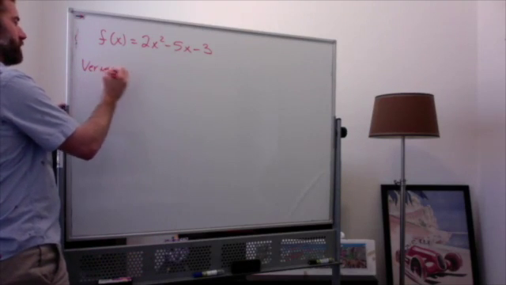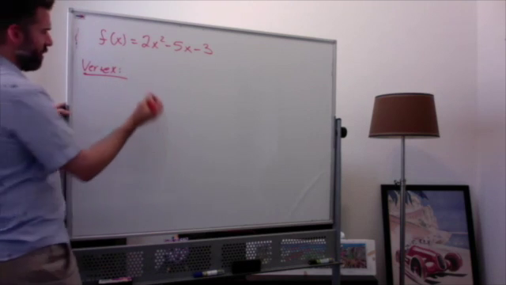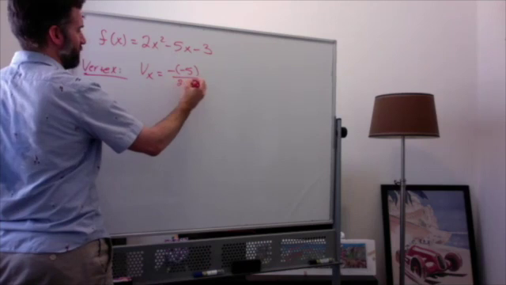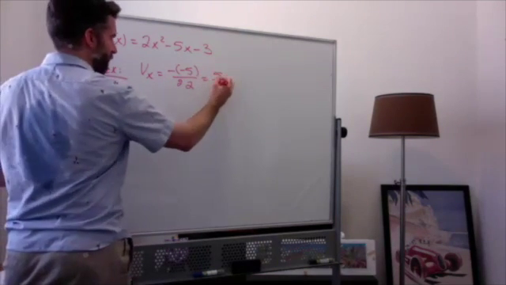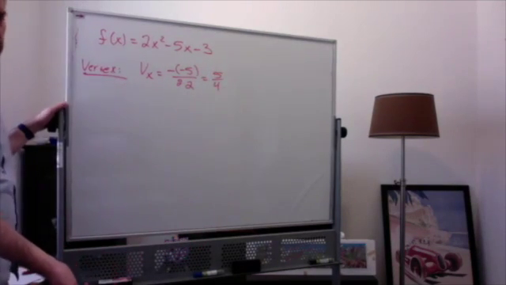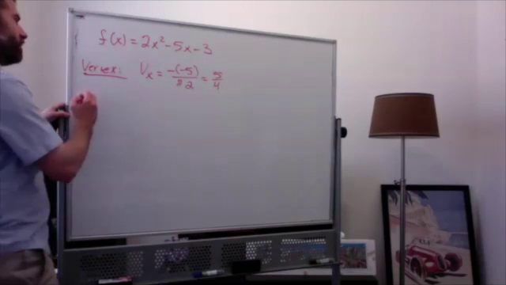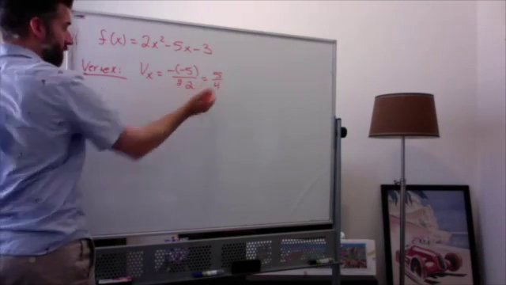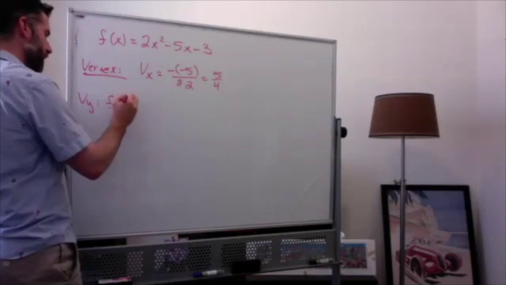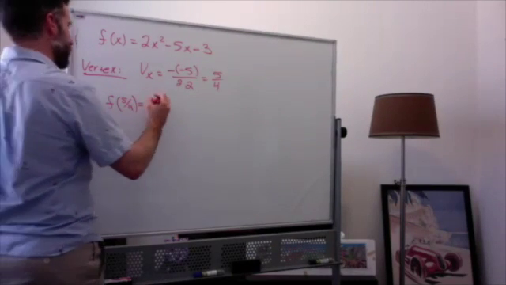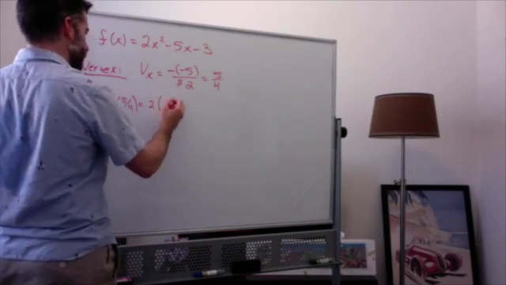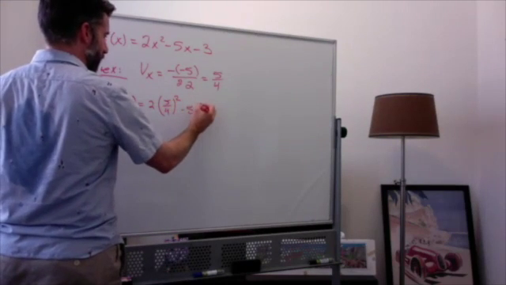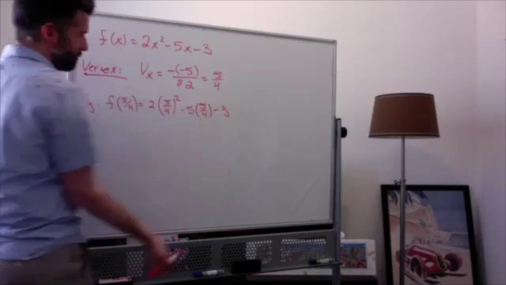Let's find the vertex, which is kind of a pain here. The x coordinate is going to be negative negative 5 over 2 times 2, which is 5/4. Fractions. All right. Y coordinate, you just plug in 5/4, so you get f of 5/4, which is 2 times 5/4 squared minus 5 times 5/4 minus 3.